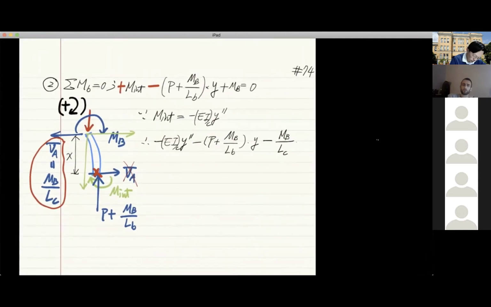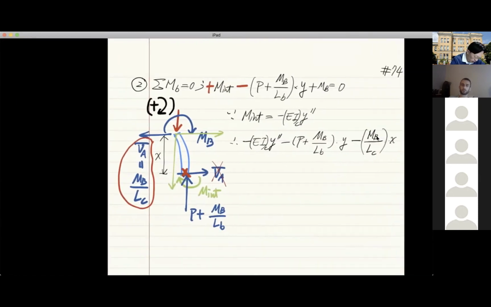We're summing moments around the point B though, so the distance would be 0. Right? No, we are taking the moment at this red cross point.